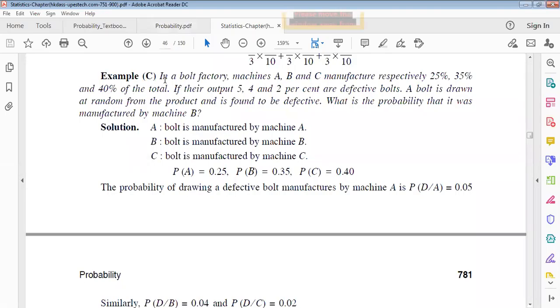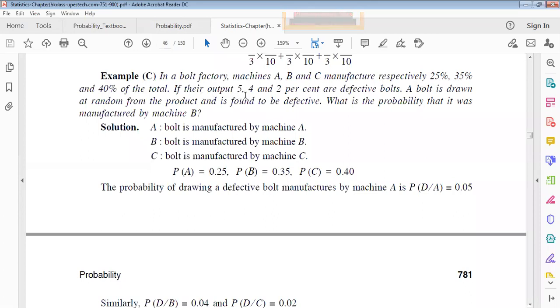This example: in a bolt factory, that means an iron industry, machines A, B, and C manufacture respectively 25%, 35%, and 40% of the total. That means a total of 100%. Machine A 25%, machine B 35%, and machine C 40% manufactures.